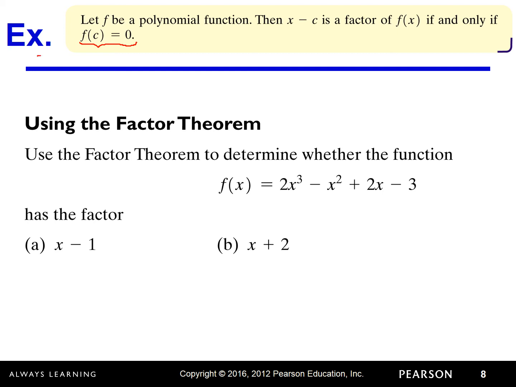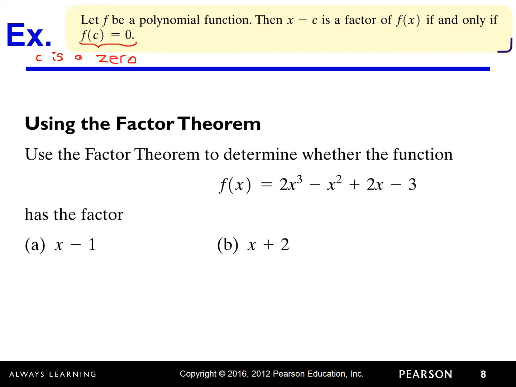If you think about what a 0 is, c is the number that zeroes out that function. So if you were to graph f of x, it would have an x-intercept at c. C is a 0.